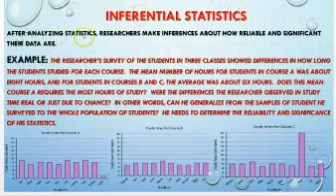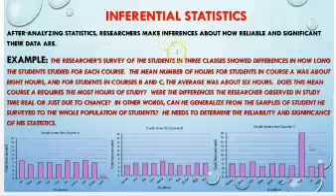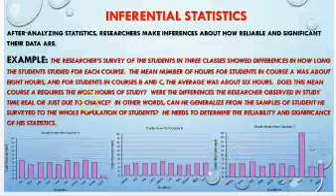After analyzing statistics, researchers make inferences, or we can draw conclusions or make predictions about how reliable and how significant the data are. An example here using this same group: the researcher's survey of the students in three classes showed differences in how long the students study for each course.